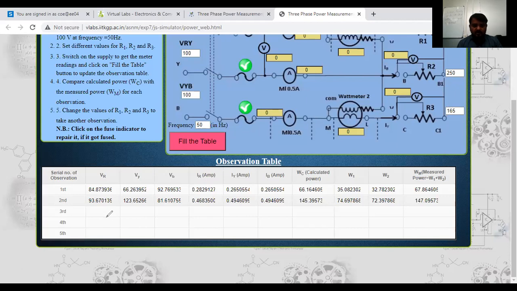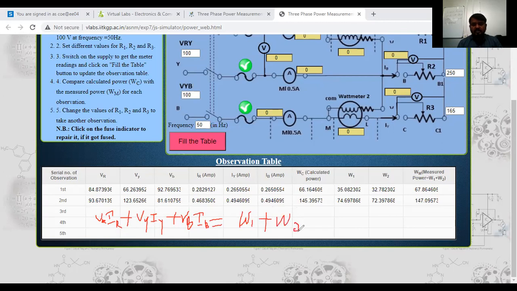VR IR plus VY IY, you multiply all these, plus VB IB equal to W1 plus W2.